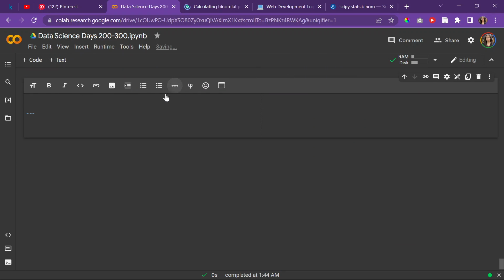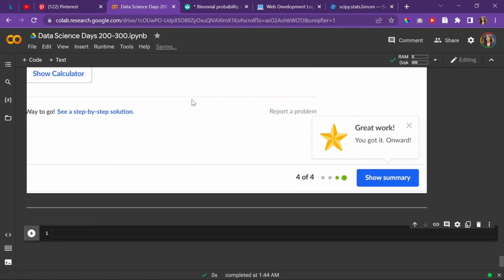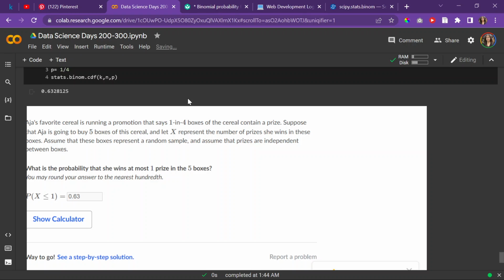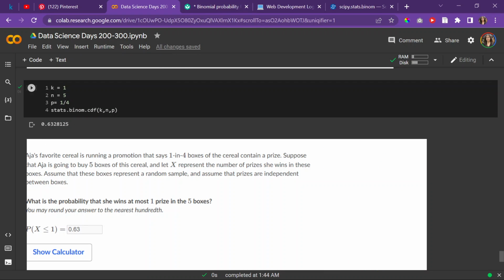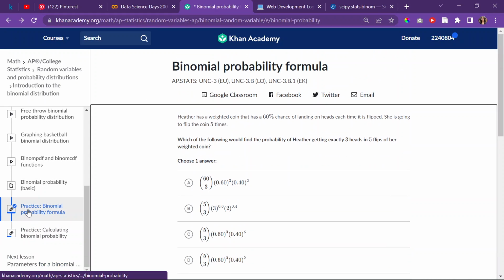I'm literally not leaving until I get this right. I keep getting there. I just don't know how we determine what k is. It's working when it's less than, but when it's greater than, it's just going crazy.